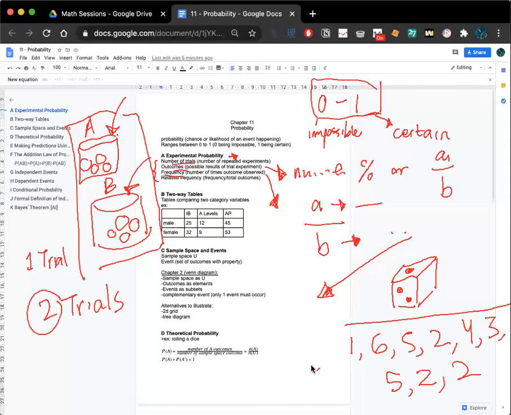And if they ask you what is the frequency of number 2, then that would be 3 times. And in this case, the number of trials that you have would be 1, 2, 3, 4, 5, 6, 7, 8, 9. So 9 trials.